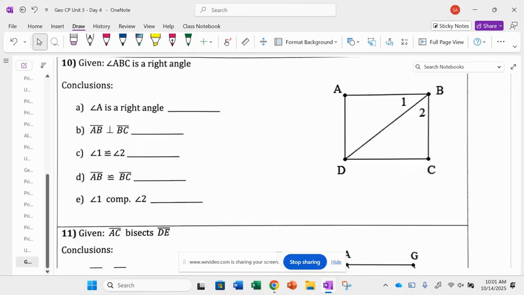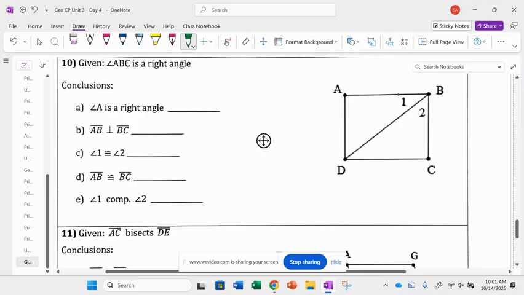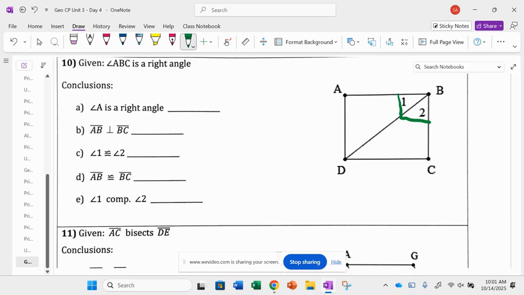Jonah, let's do this one together. So it says angle ABC is a right angle. So we're going to go to ABC and we're going to mark it with a right angle. Based on that, can I say angle A is a right angle, Jonah? No, we cannot. Would we be allowed to say that segment AB and segment BC are perpendicular? Yes, very good.